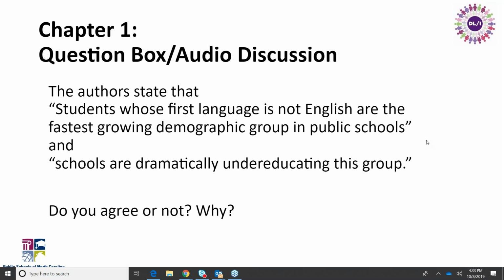I agree. Not only because there is not enough funding, but because there is not enough personnel to cover all the amount of students that we have in the schools.